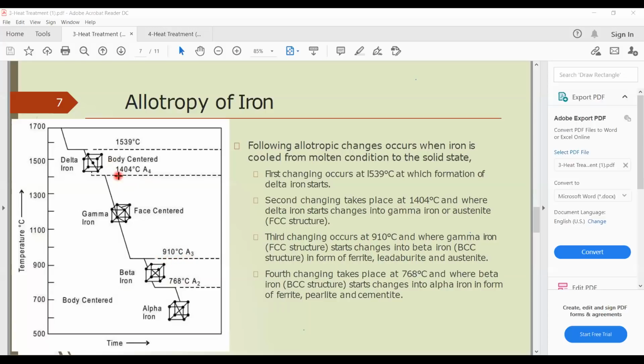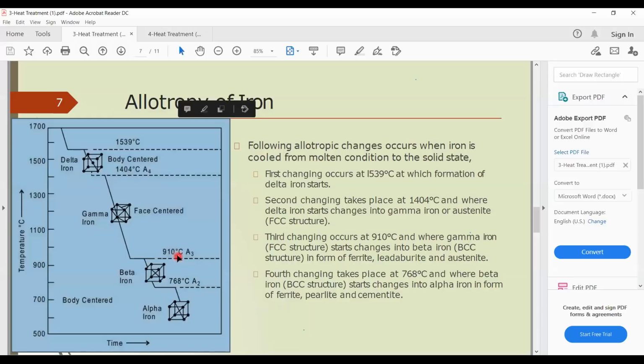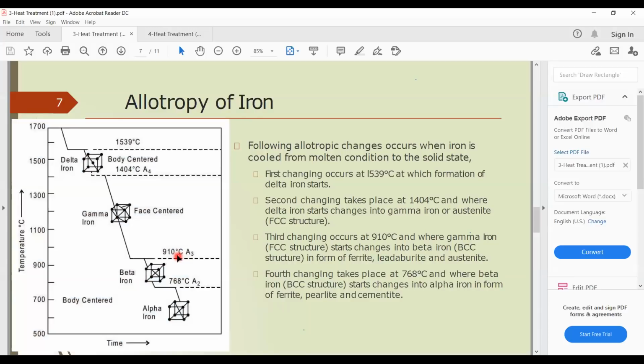Once this gamma iron reaches 910 degrees Celsius, beta iron is formed, that means gamma iron is converted to beta iron. Then beta iron continuously cools down and reaches 768 degrees Celsius.